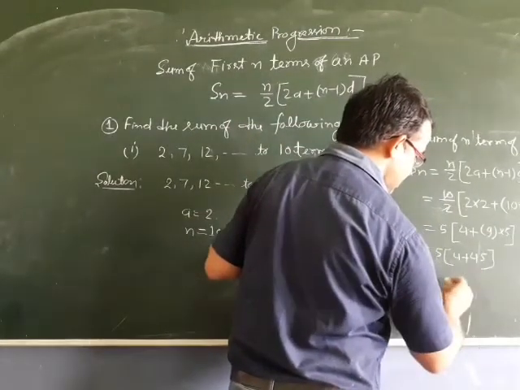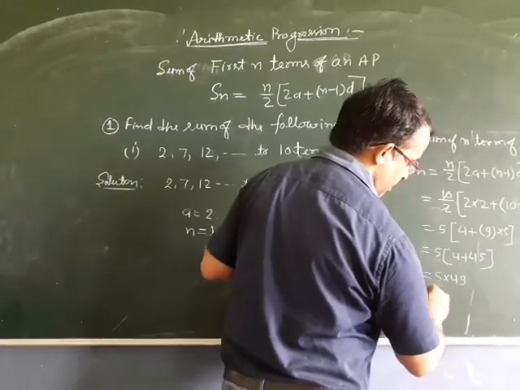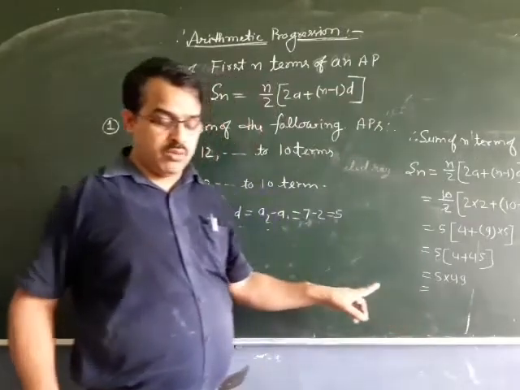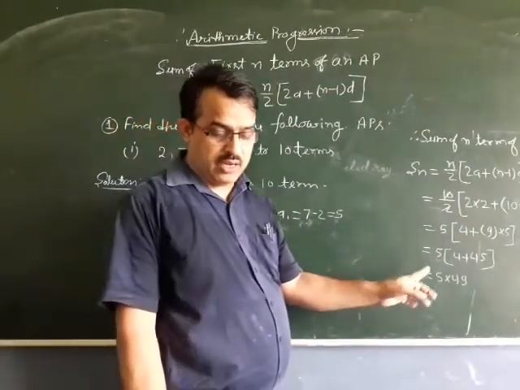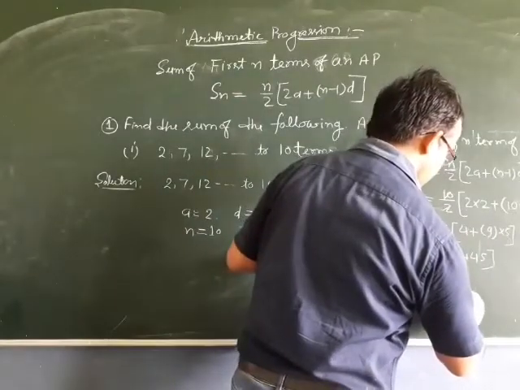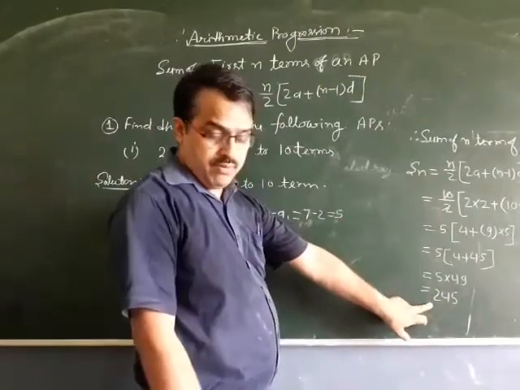Now you multiply 5 into 49. What do we get here? 5 into 49 is 245. Your answer is 245. Clear?